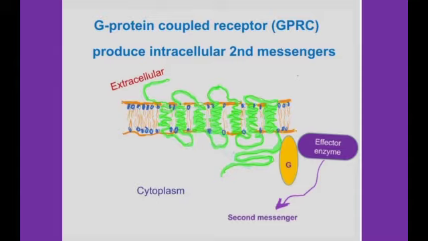The term adrenergic refers to the stimulus being adrenaline or noradrenaline, which is the same as epinephrine or norepinephrine. So the extracellular stimulus for the adrenergic receptors is epinephrine, norepinephrine.